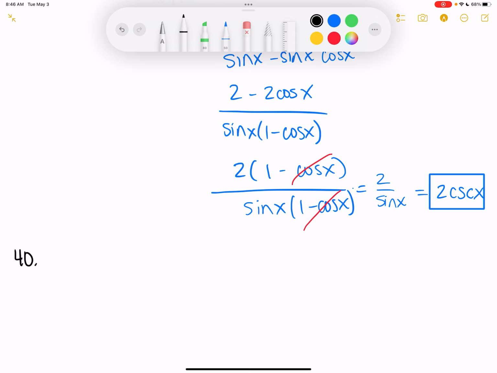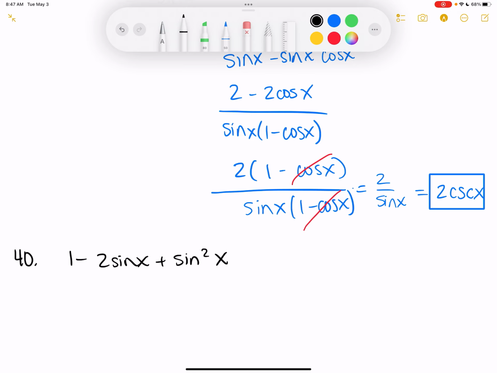Alright, 40. Write the expression in factored form as an algebraic expression of a single trig function. Don't stress about this problem too much, but I want you to see it because it will come in handy in the future. So, 1 minus 2 sine of x plus sine squared of x. It wants us to factor this like you would normally factor any quadratic.